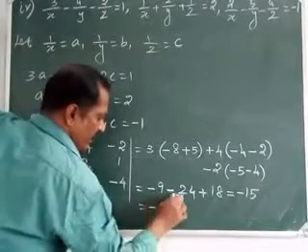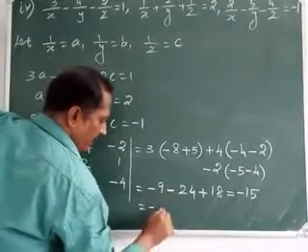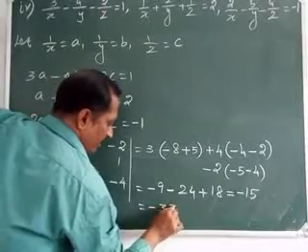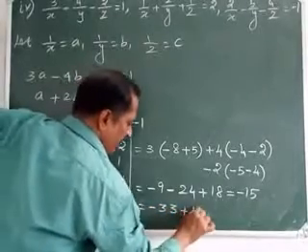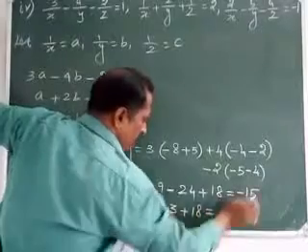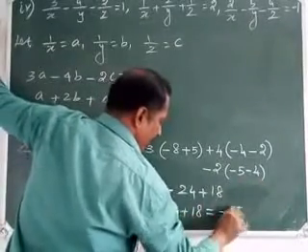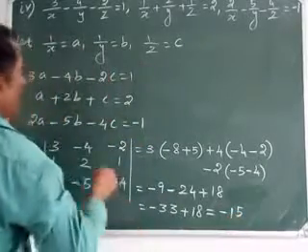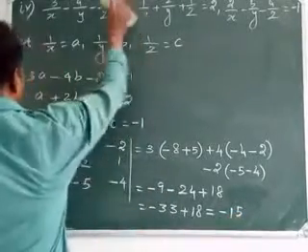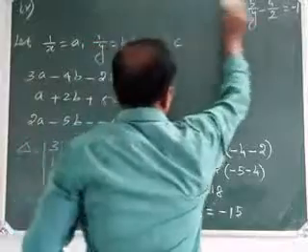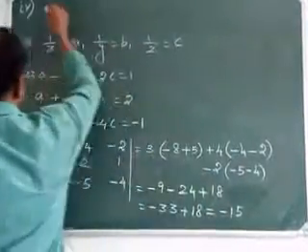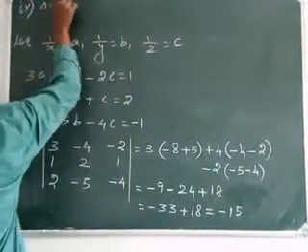Similarly minus 24, 9, 30, 9 plus 4, 33 plus 18 is equal to minus 15. Okay, so the delta value is equal to minus 15. Delta is equal to minus 15.